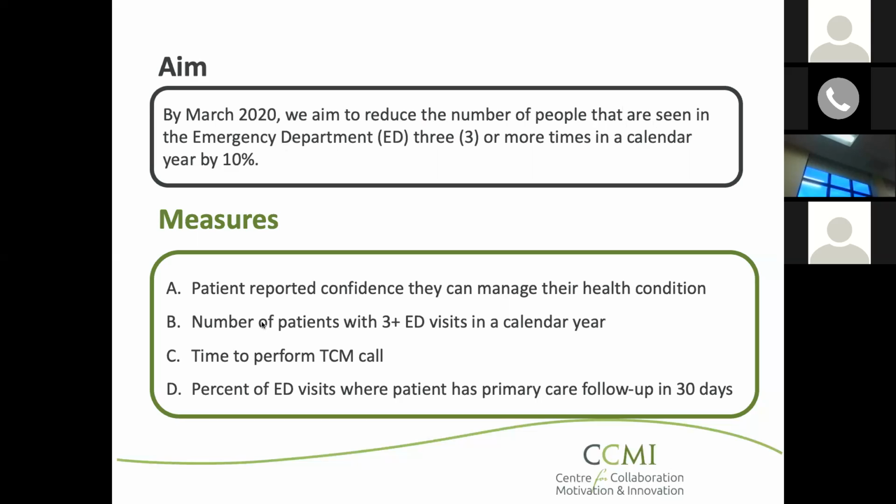I think it's probably B that's the outcome measure, because that's the real outcome that we're trying to move based on the aim. So then if that's our outcome measure, and again, you can have more than one, and this can be open to interpretation, of course, which of these measures do you think is a process measure? If there's more than one, just include all the letters that you think are process measures.